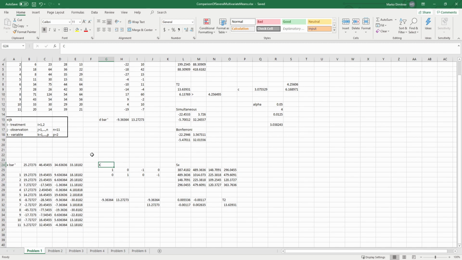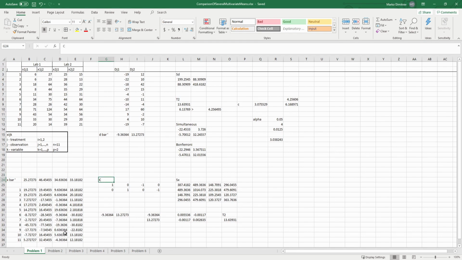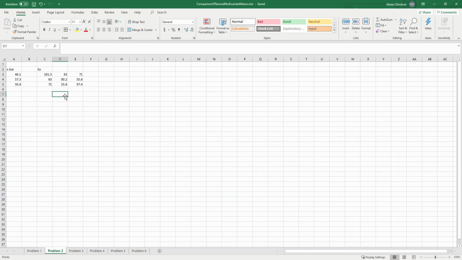Let's see how we can use this matrix of contrast on another example. Say that we are given x bar and our sx on n units, for example, n is equal to 40. So we have 40 units and we have three different factors.